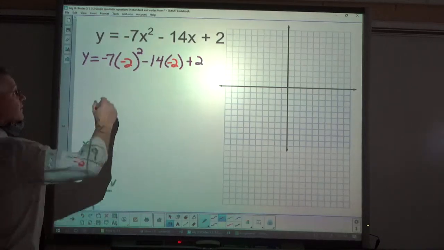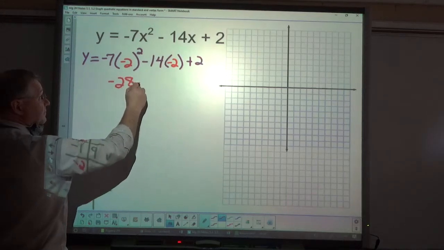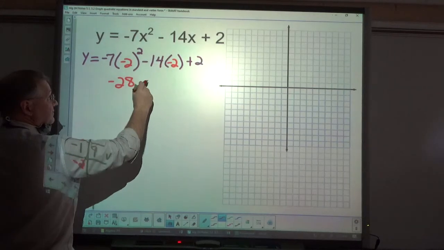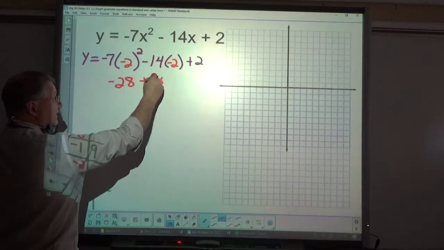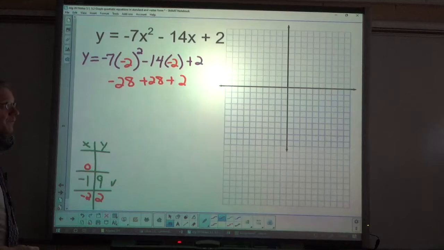Negative 2 squared is 4 times negative 7 is negative 28. Negative 14 times negative 2 is positive 28, plus 2 gives me 2.